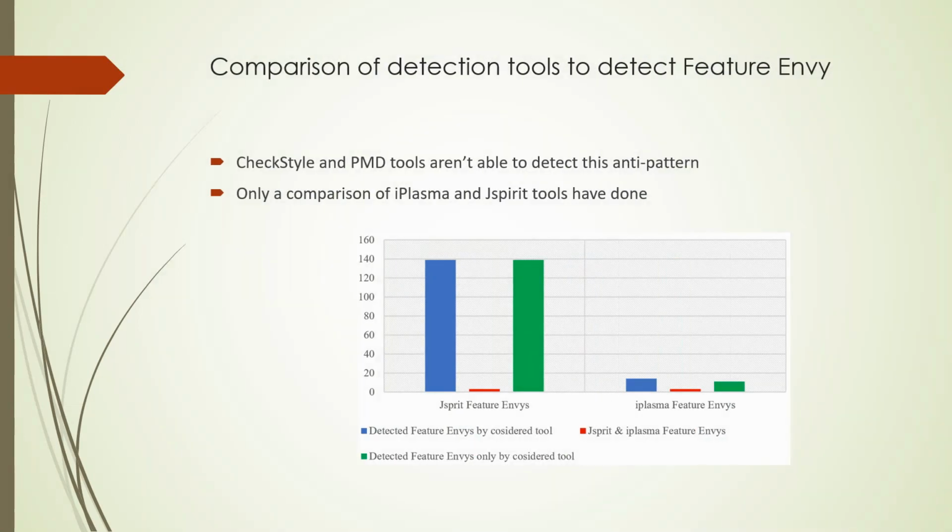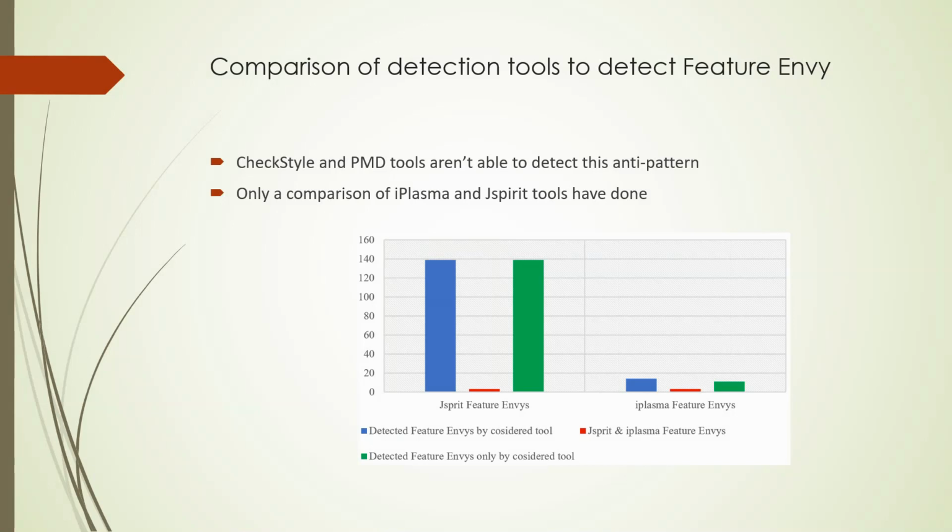In this chart, you can see the comparison of detection tools to detect feature envy. This chart has two sections because CheckStyle and PMD tools can't detect this anti-pattern. Therefore, the comparison is done between iPlasma and JSPRIT tools.